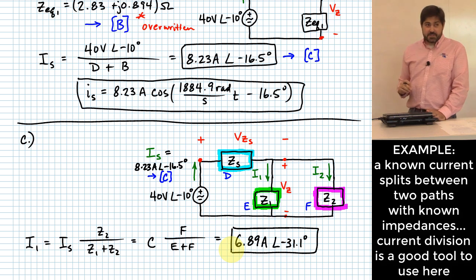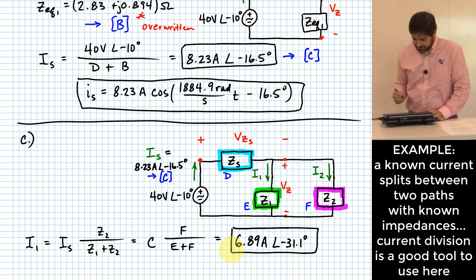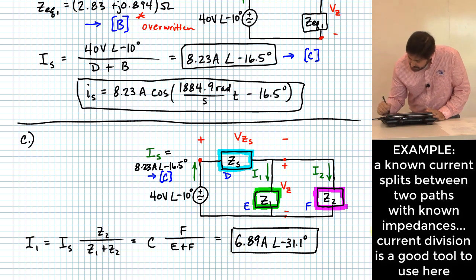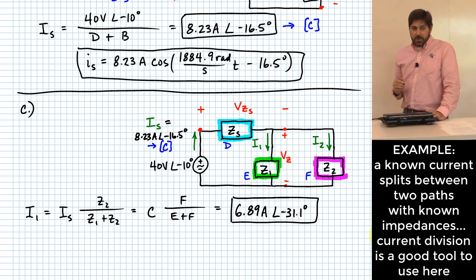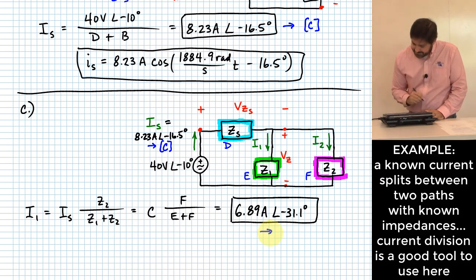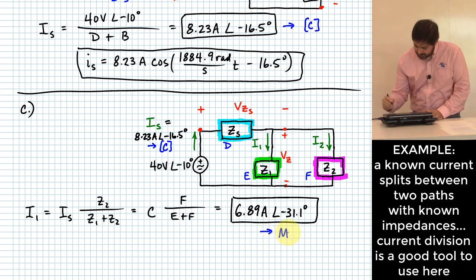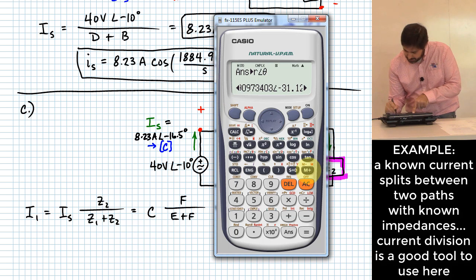Do you think this is an important value to us? Probably so. At this point, I don't know of any of my other variables that I'm necessarily willing to let go of. So I'm going to go to M. We're going to put this in M, right over there.